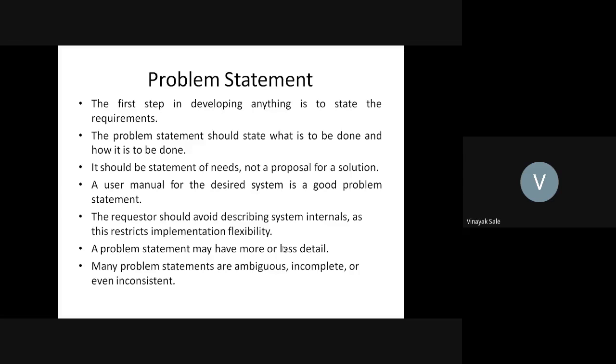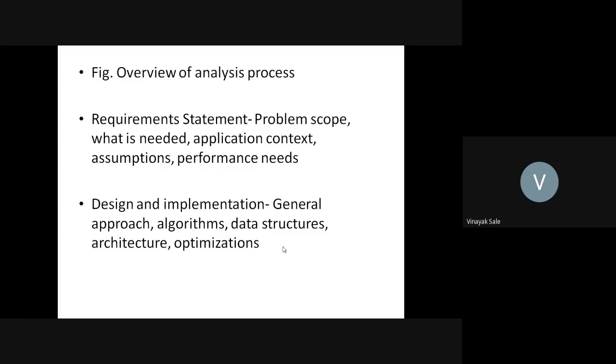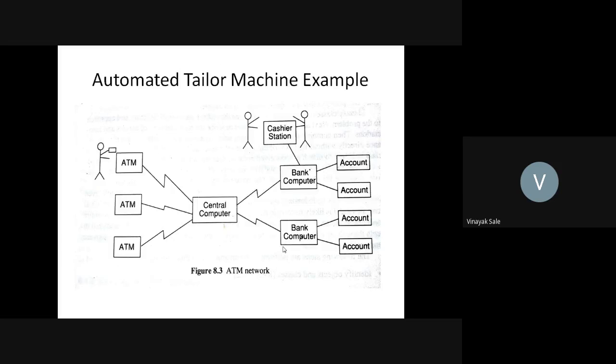Many problem statements are ambiguous, incomplete, or even inconsistent. The requirements cover problem scope, what is needed, application context, assumptions, performance needs, and design and implementation, including the general approach, algorithms, data structures, architectures, and optimizations.